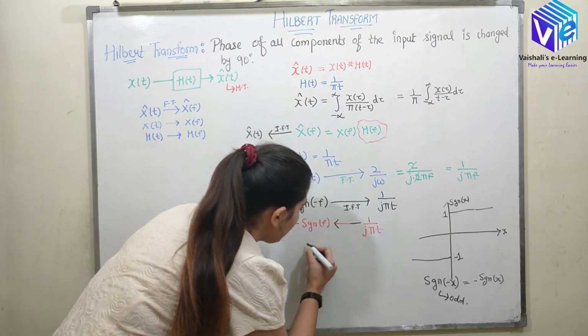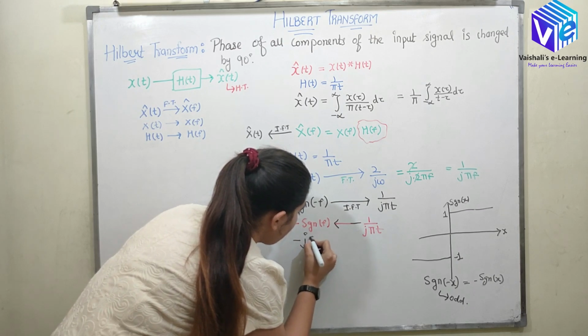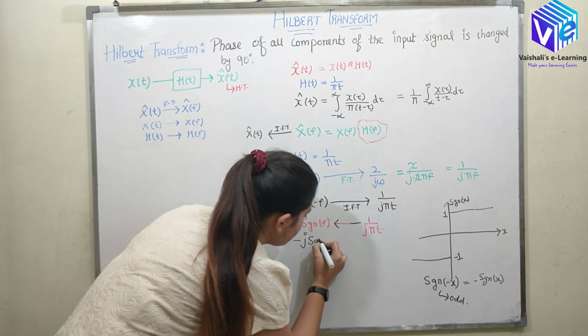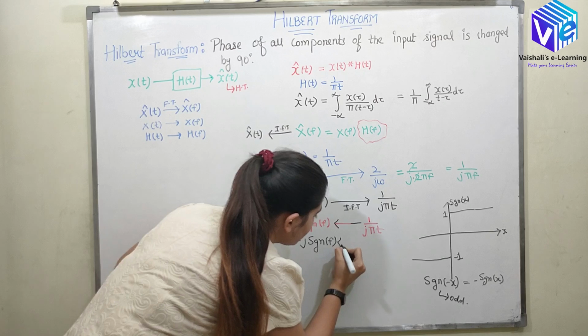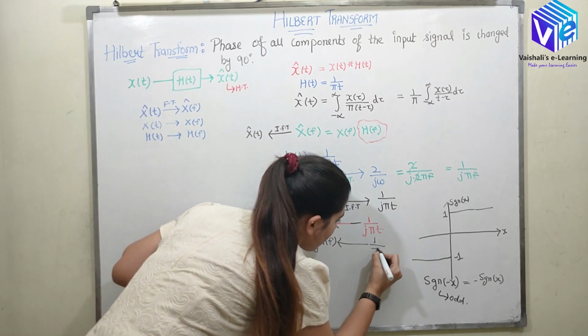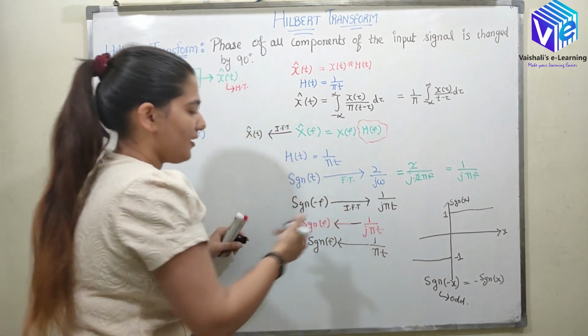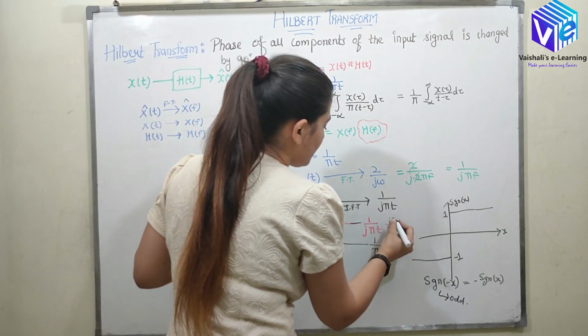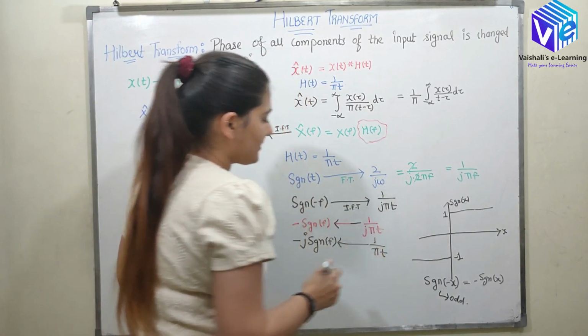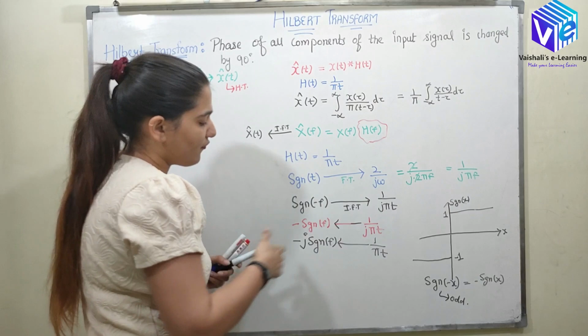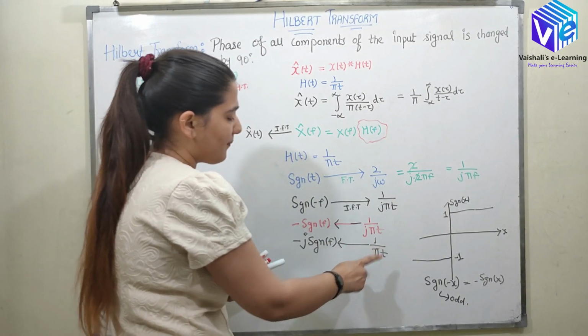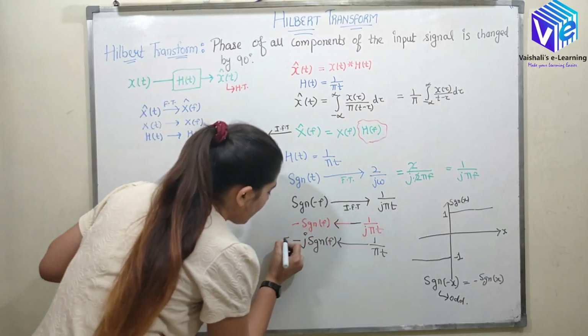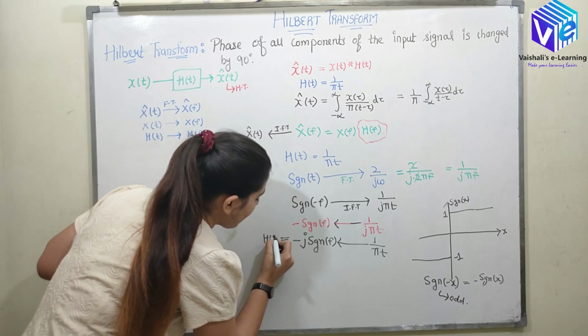I'll just multiply with j. If I multiply with j, I'll get j signum of f, because the j and this j will cancel out. So this is the Fourier transform of 1 upon pi t, and this is my h of f.